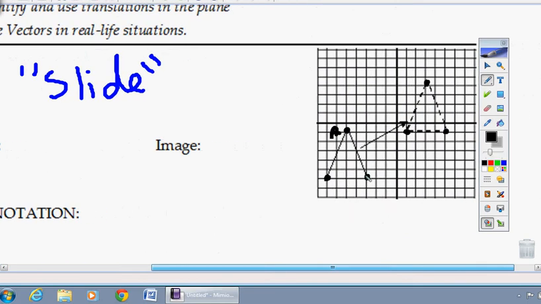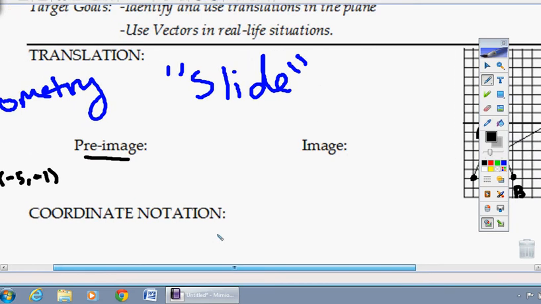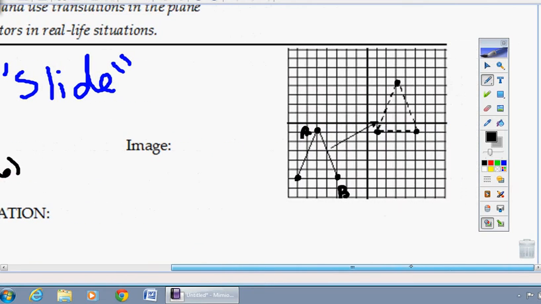Vertex B, we'll call this vertex B. Vertex B is at negative 1, 2, 3, and then negative 1, 2, 3, 4, 5, 6. So negative 3, negative 6 is vertex B. And then lastly, on our pre-image, vertex C is at the coordinates negative 1, 2, 3, 4, 5, 6, 7.